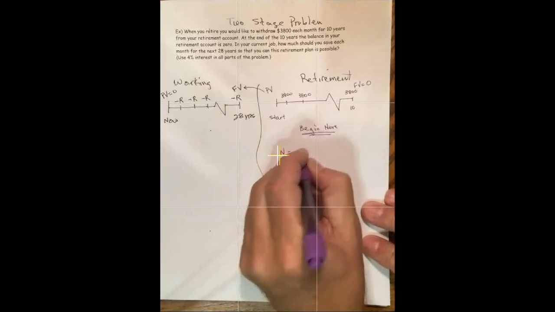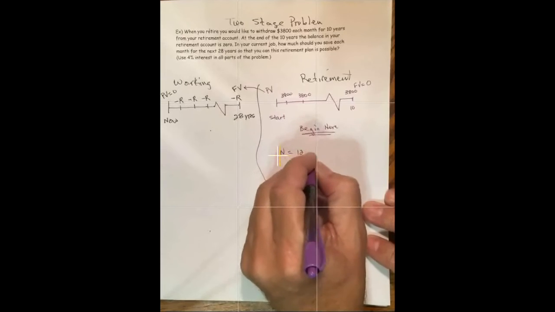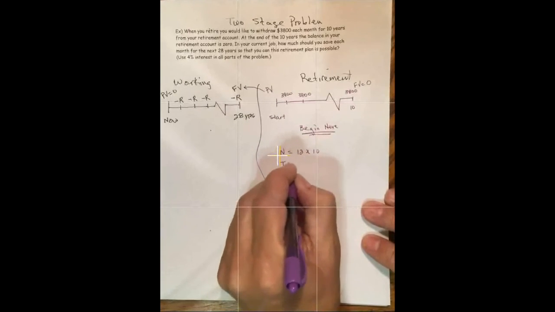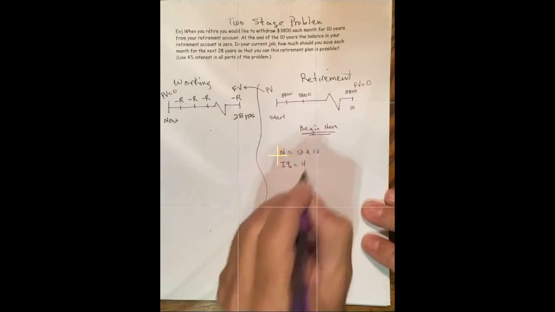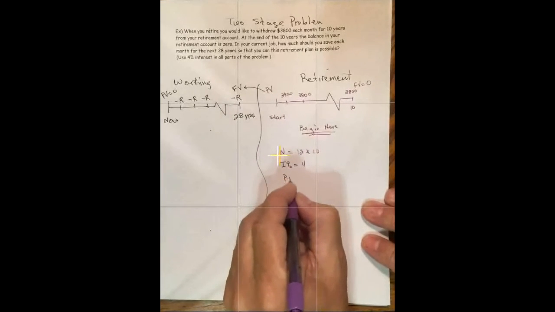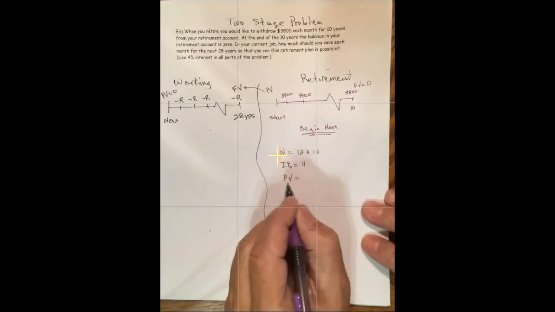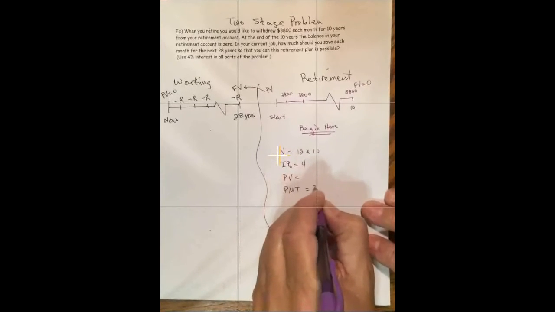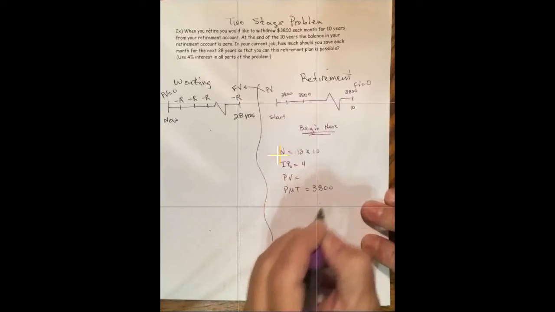All right, this is for a 10-year period. Withdraw each month for 10 years, so that's 12 times 10. Interest rate is 4. Present value is what we're going to calculate. Your withdrawal is going to be $3,800.